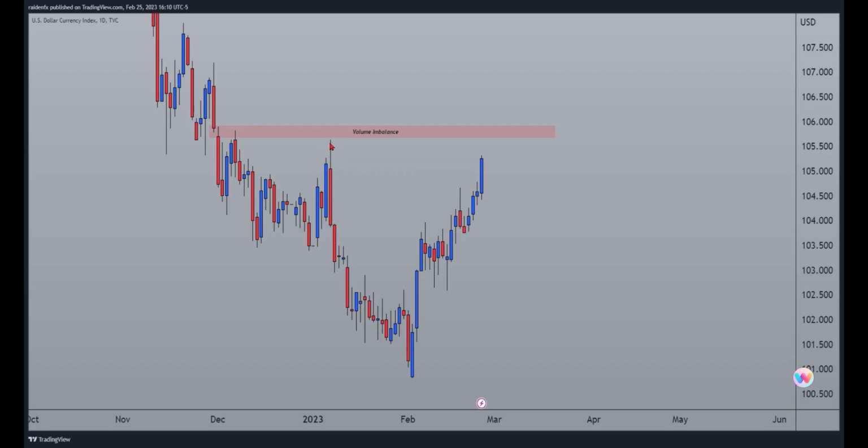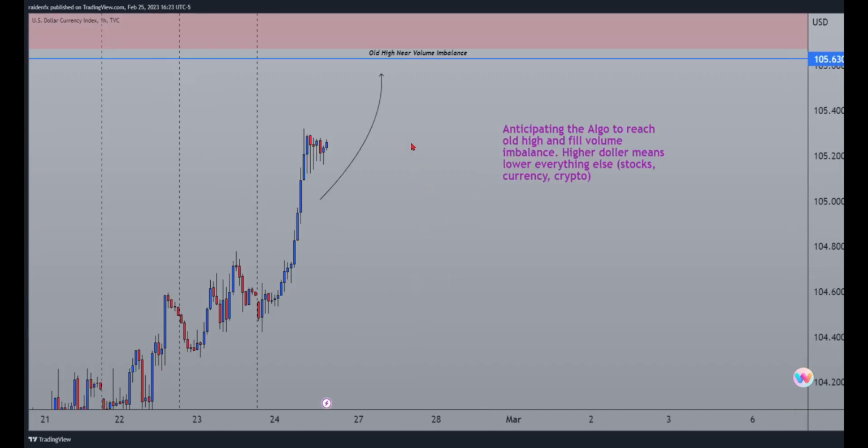Okay. Also, we have an old high here that's right below this area. So that's going to be buy stops and a pool of liquidity up here as well. That's going to fuel into this gap of volume imbalance. All right. So on this slide, this is an hour chart of the dollar index, and I was just basically putting a line on that old high.